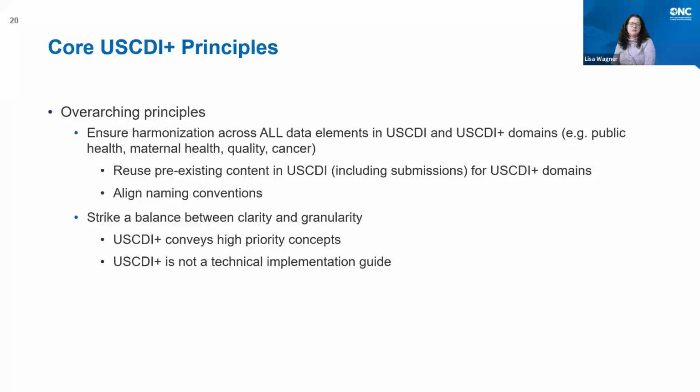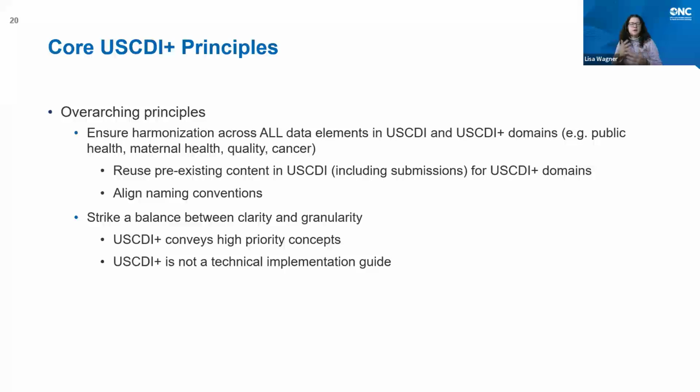So the overarching principles of USCDI Plus are really around harmonization. The idea being that we're starting with USCDI as our base and first doing an analysis there to see, of these particular program areas we're focused on, whether that's quality, cancer, or public health, what really overlaps with the existing USCDI data element list.